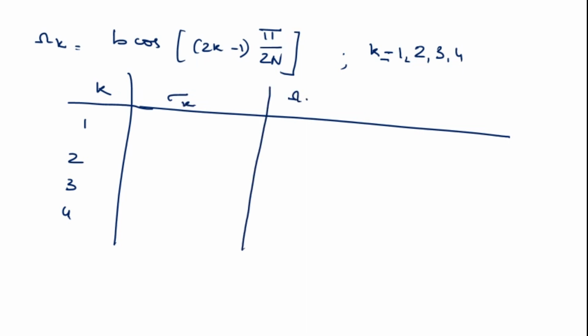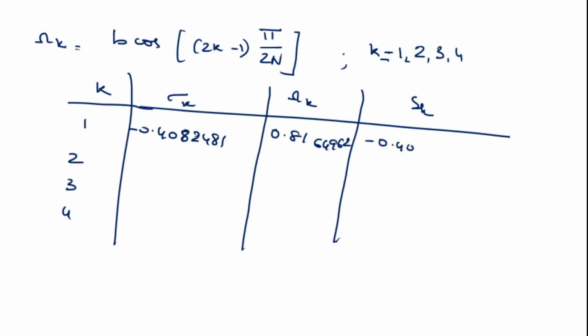So for k equal to 1, we get sigma k as minus 0.4082481, Omega k as 0.8164962, and sk is minus 0.4082481 plus j 0.8164962.